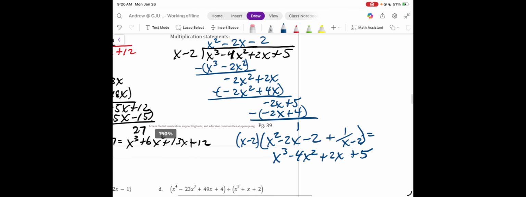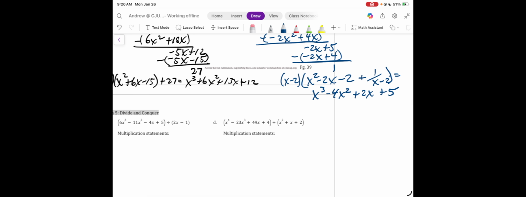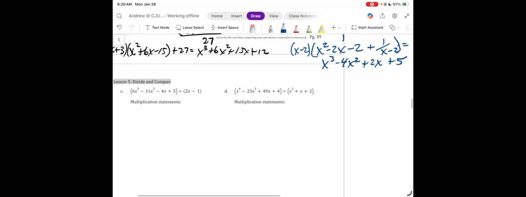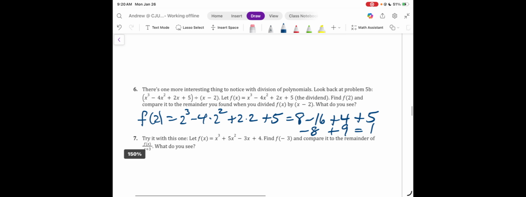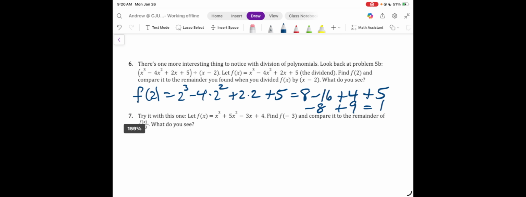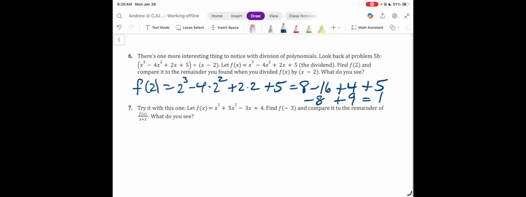Now we don't have time to do the next two. However, an interesting thing to notice is that when we plug the number 2 into that polynomial as if it was a function, we get the same answer as the remainder.